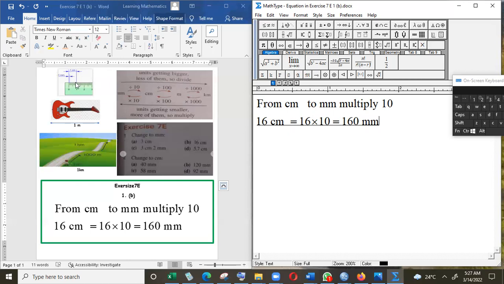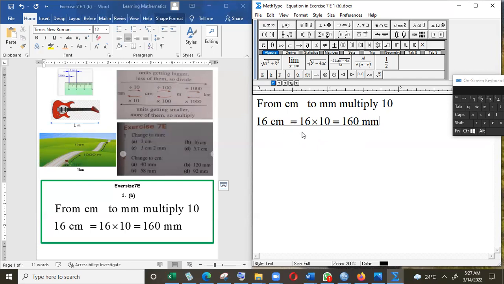To make up 2 centimeters, you need 20 millimeters. So if you have 16 centimeters, you need 160 millimeters to make up 16 centimeters. Just remember, from centimeters to millimeters, you multiply by 10.